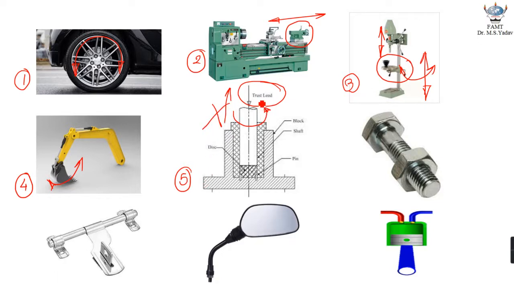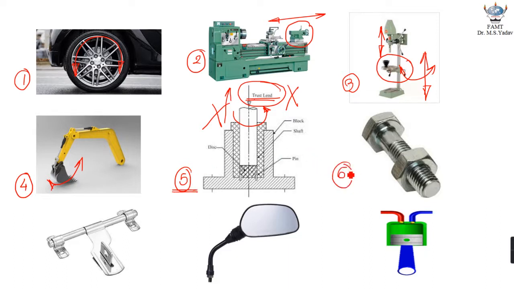So once again, same situation. If this thrust load is not present, then it is possible for me to take it out and turn as well. So that becomes an incompletely constrained motion, and in case of thrust load, this becomes the completely constrained motion. So this is basically the best example of a successfully constrained motion.